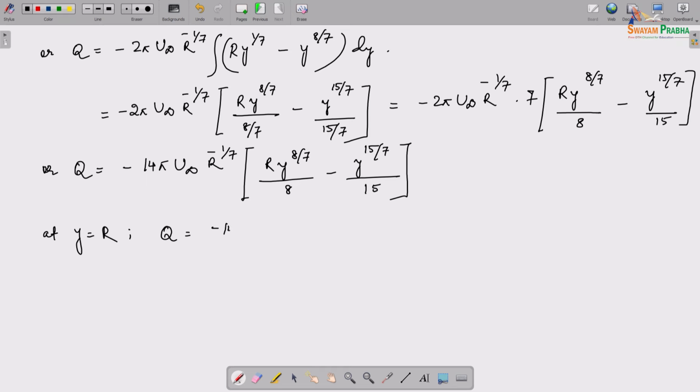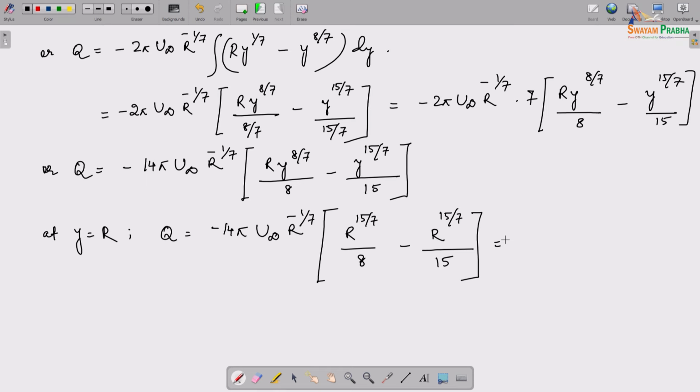Q is equal to minus 14 u infinity R to the power minus 1 by 7, R to the power, because this becomes R to the power 15 by 7, 15 by 7 by 8 minus R to the power 15 by 7 by 15. Then we take the R power out.